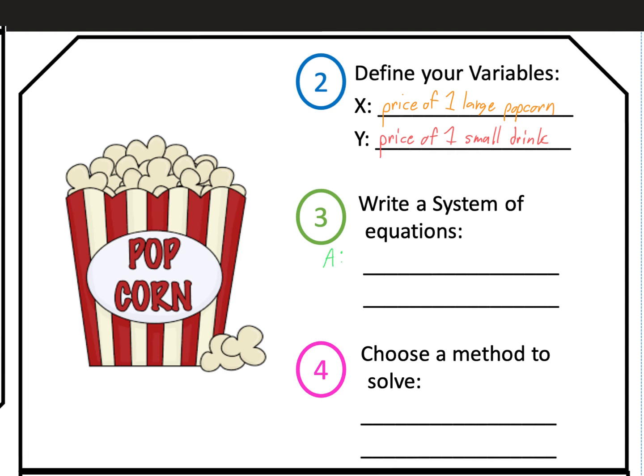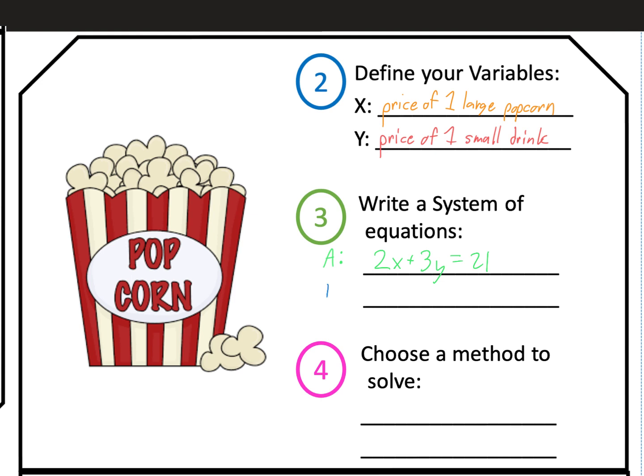For our first equation, we will use family A. They bought 2 large popcorns and 3 small drinks for $21. So 2 times the price of the popcorn plus 3 times the price of the drinks will give us their total price of $21.